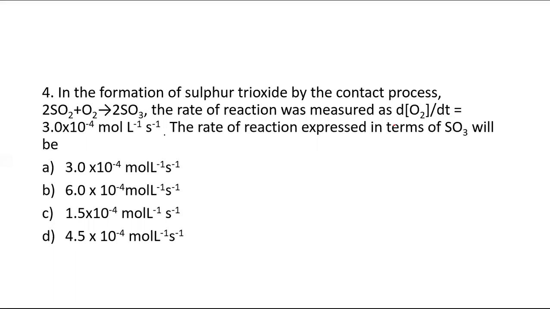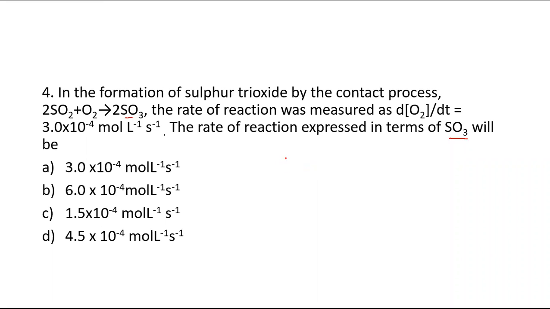They have only given its value. So dO2 by dt, the reactant's measured rate of reaction, is 3 into 10 to the power of minus 4 moles per liter per second. The rate of reaction expressed in terms of SO3, that means the product, is what they are asking.